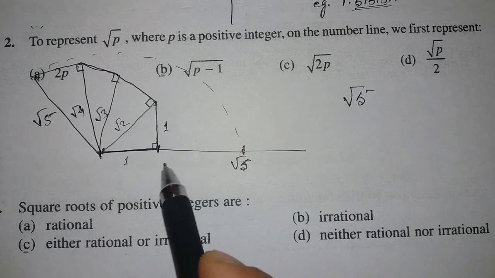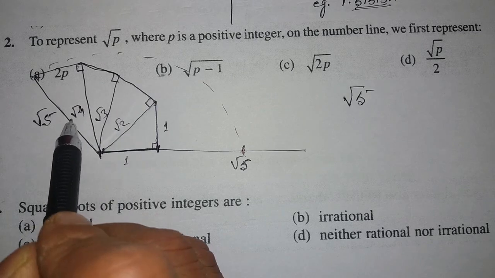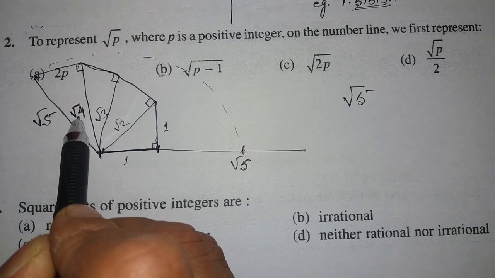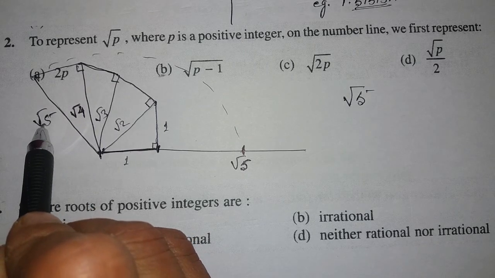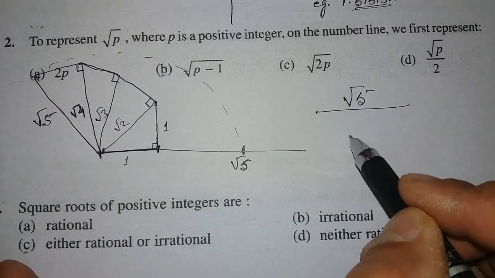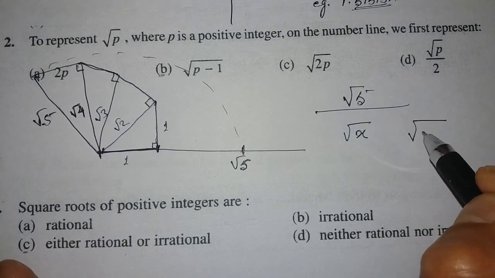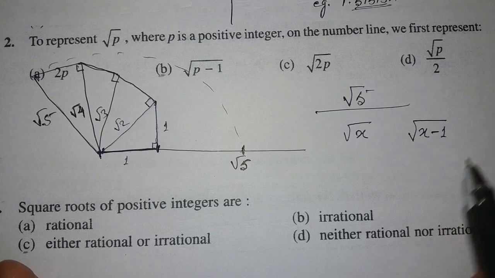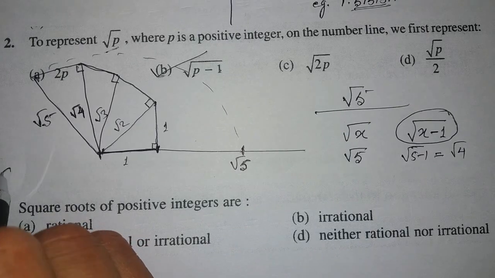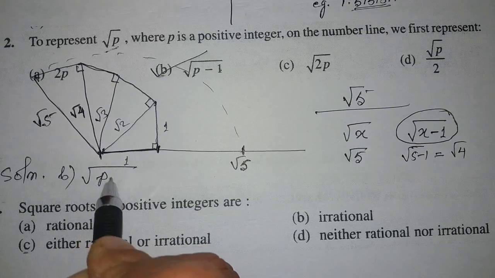While drawing this, in order to get square root 5, you have to first draw square root 4. Only after that can you find square root 5. So if you want to find the square root of, let's say, x, then the first thing you need to find is x minus 1, here p minus 1. So this is our right option. So the solution is square root p minus 1.